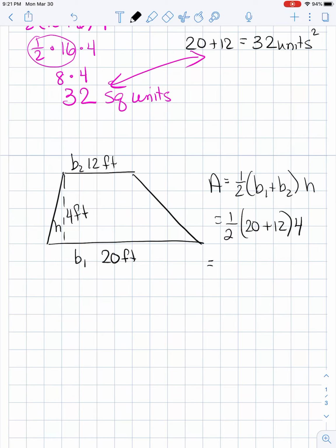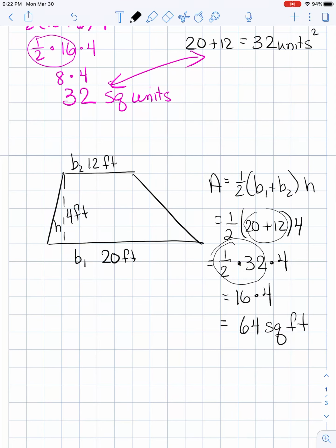Again, notice I'm using my order of operations. So 1/2 times 20 plus 12 is 32. Okay, times 4. And that would be 16 times 4, which equals 64 square feet. Okay, and that's how you use the formula.